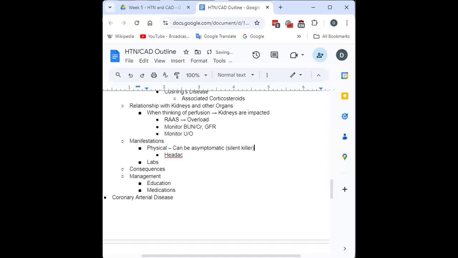But some people can have headaches, blurry vision for sure, and dizziness. When you have a hypertensive crisis, that's where a lot of these symptoms really start to come into play. Pain is a big one. Anyone said that yet? Yeah, blurred vision, hypertensive crisis, that's true.